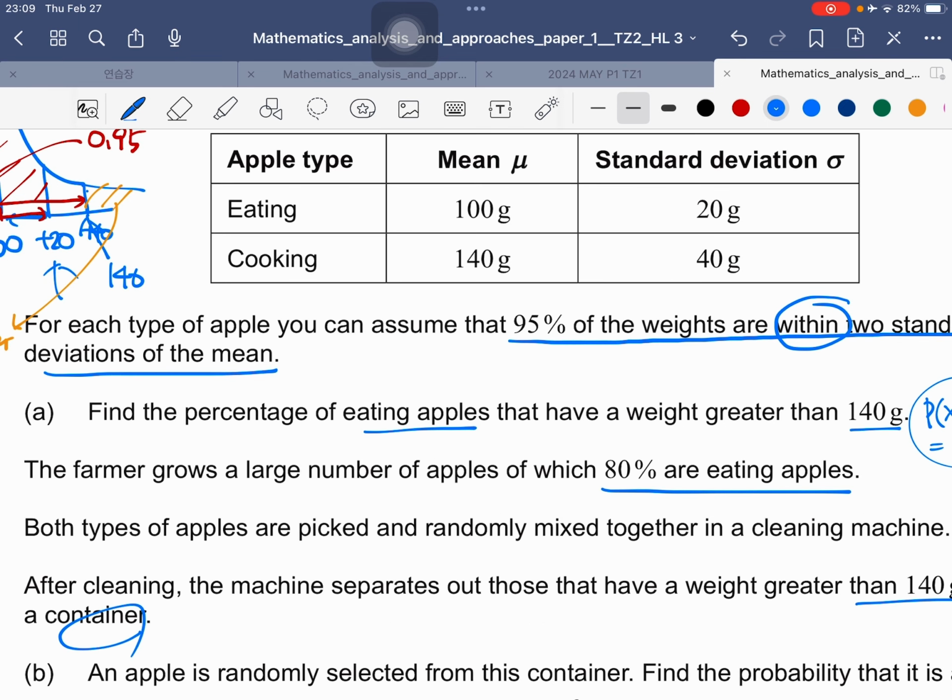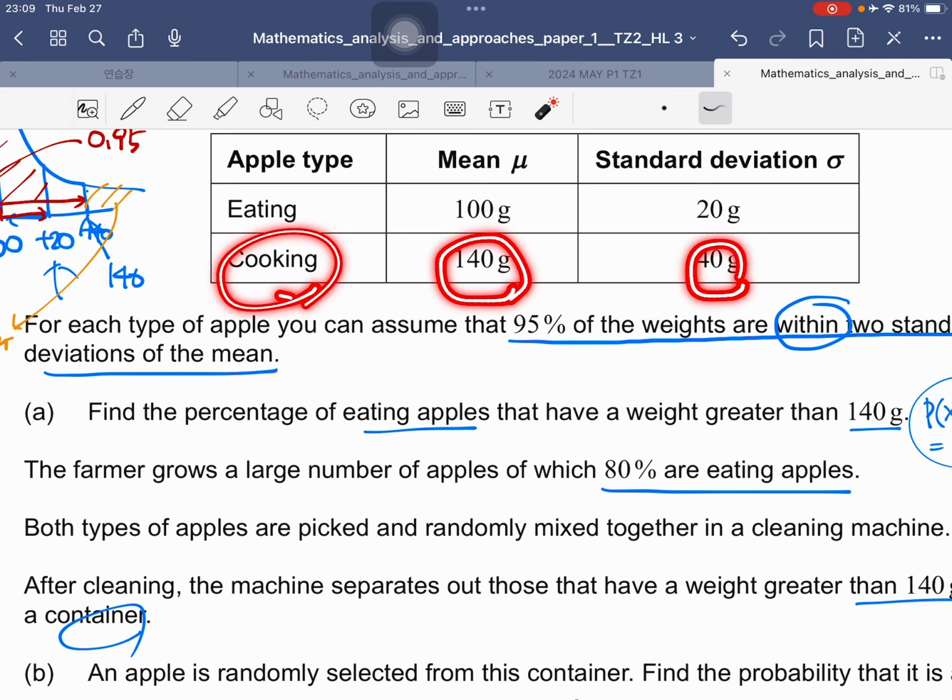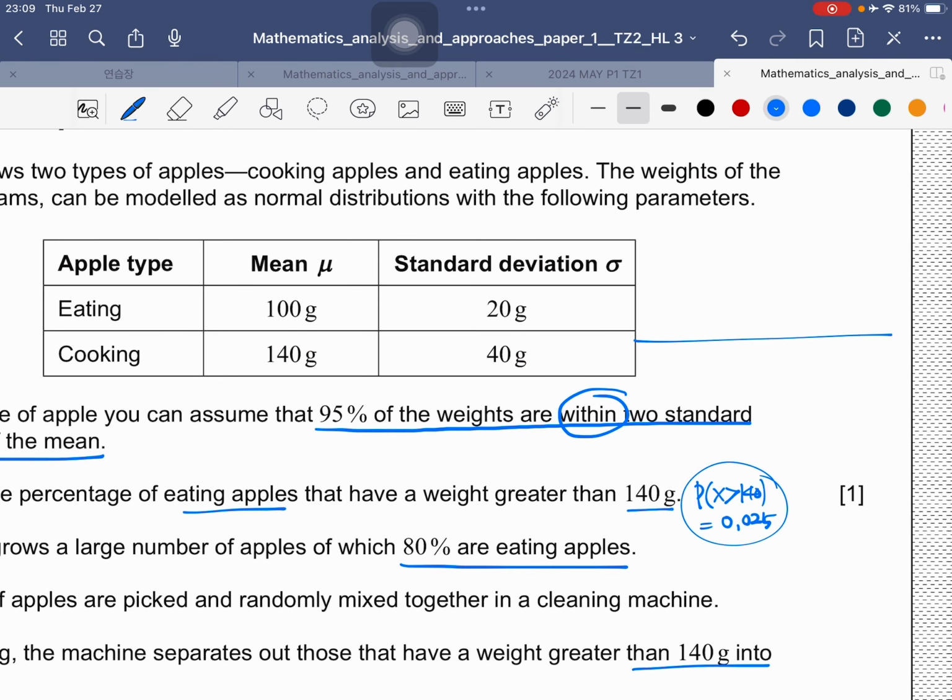If you see the cooking apple here, the mean is mu and the standard deviation is 40, which means that for cooking apple, the normal distribution mean is already 140 gram.